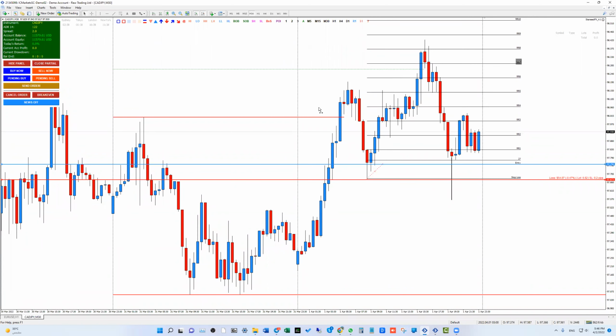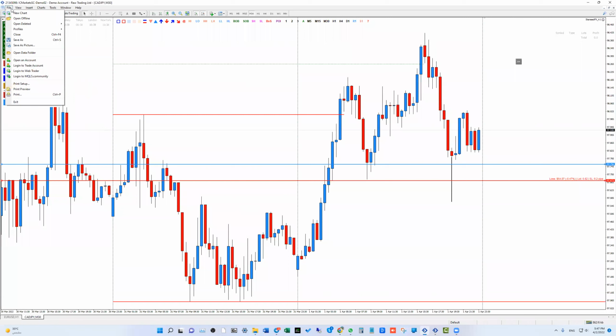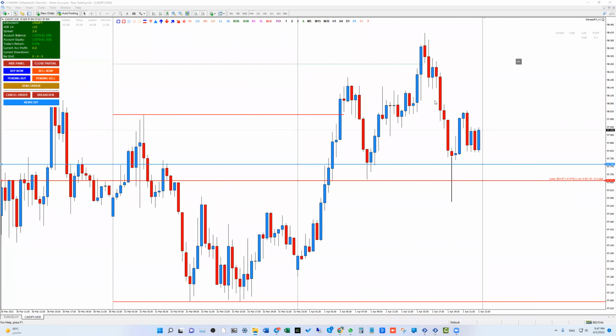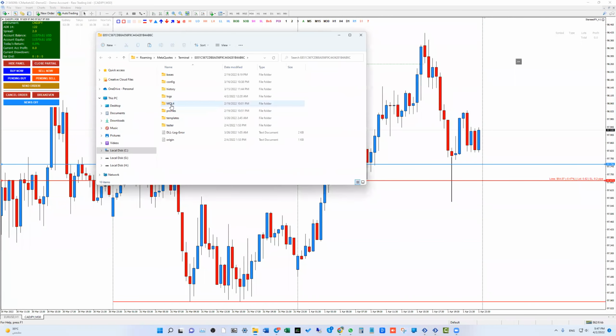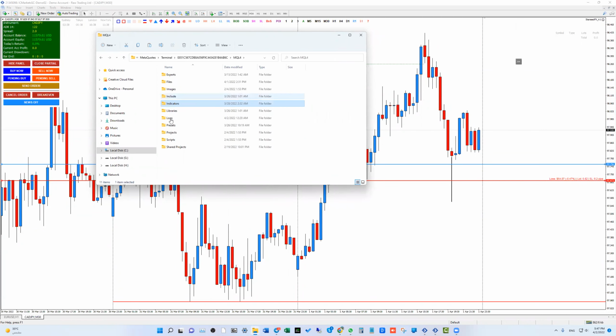You add the indicator the same way as the smart trading tool. This is an EA, you guys know how to use it. If you want to add the indicator for this candle break, you just click File, Open Order, click MQL, go to Indicator, and then you paste it in Indicator.